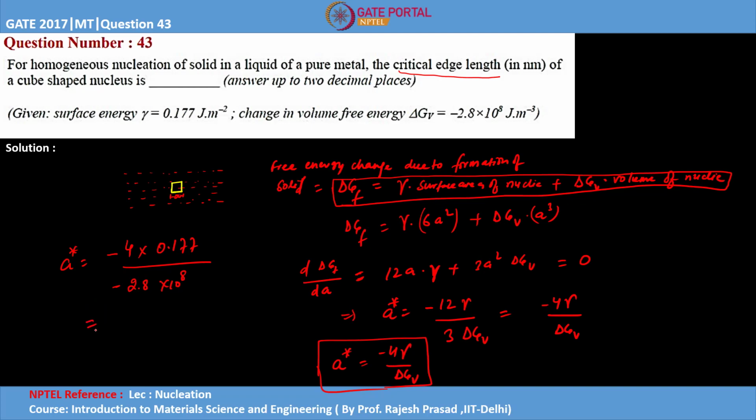So if you solve this, you will get 2.52 nanometer, the value of critical edge length. So this will be the right answer for this problem. So 2.52 nanometer will be the critical edge length. Thank you.